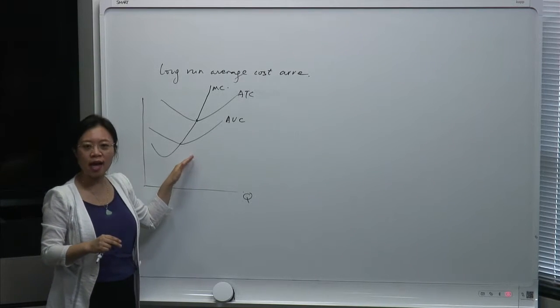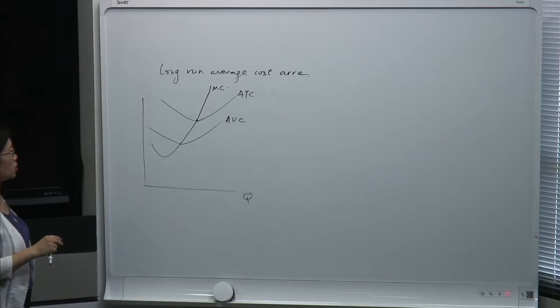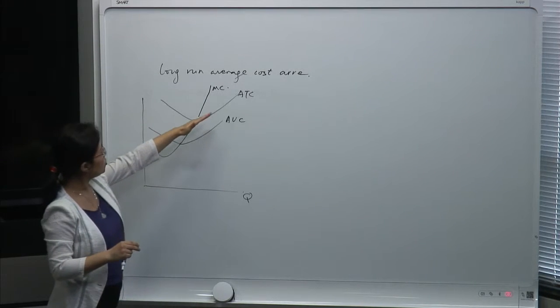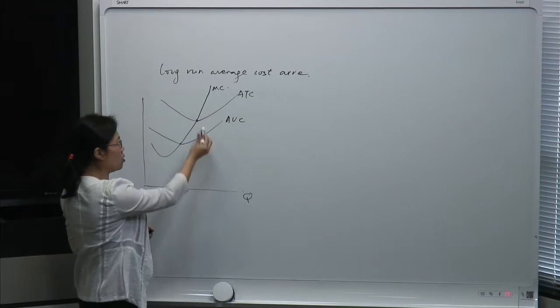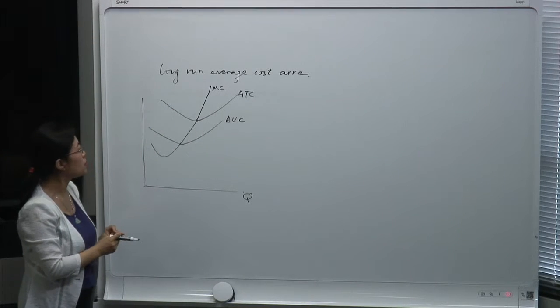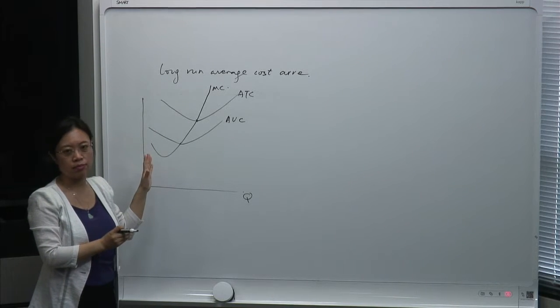So when we talk about the short run average cost curves, they represent average cost per unit when you give an output level. That's what it is. But now I'm going to introduce the long run average cost curve, which has a different meaning.